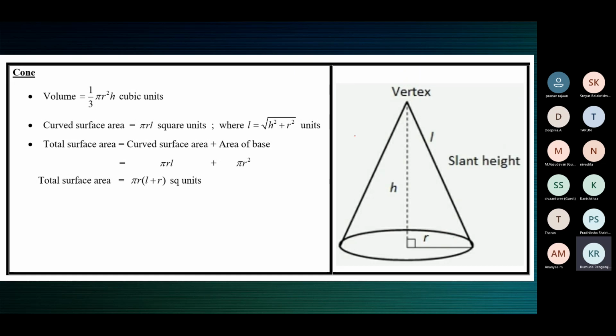Meaning you should fill the conical container completely with water, not half, not little, fully with water. Pour it into the cylindrical container. Then again you will have to fill the conical container with water to the brim. Pour it into the cylindrical container. Again you will have to fill the conical container with water to the brim.